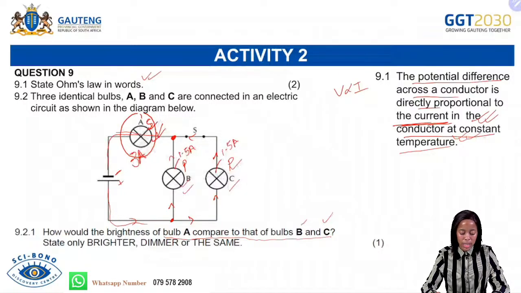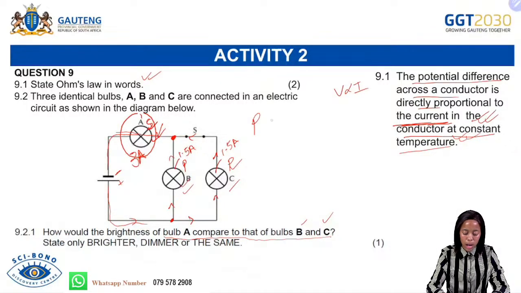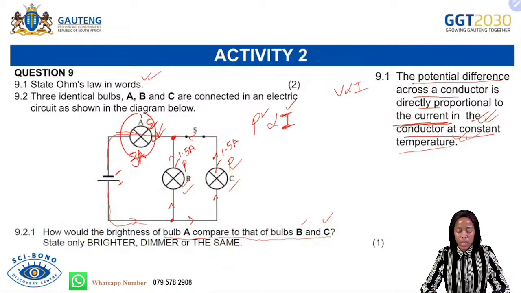We are therefore saying that if we are going to compare the power and the current, power is directly proportional to the current.